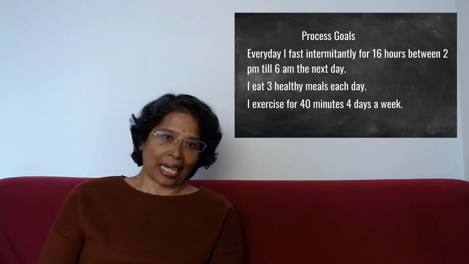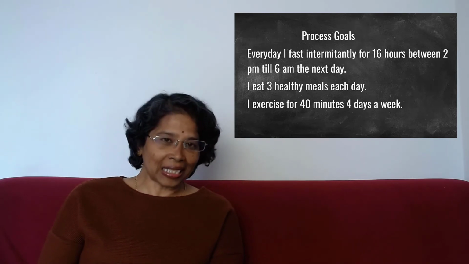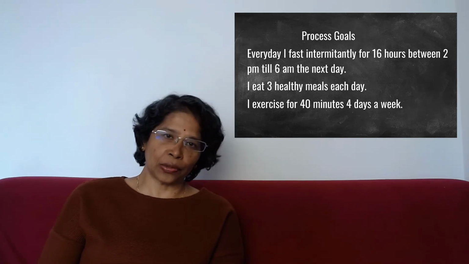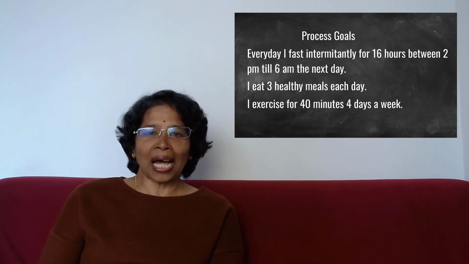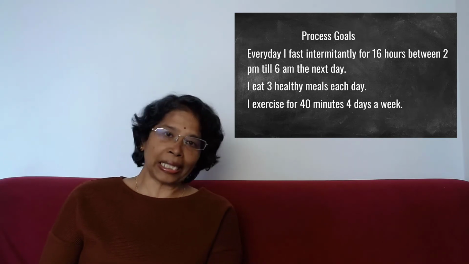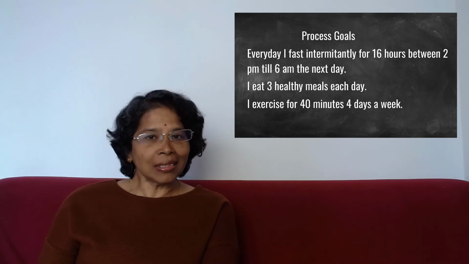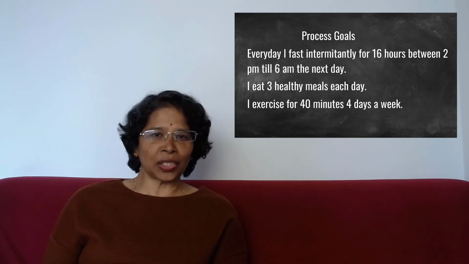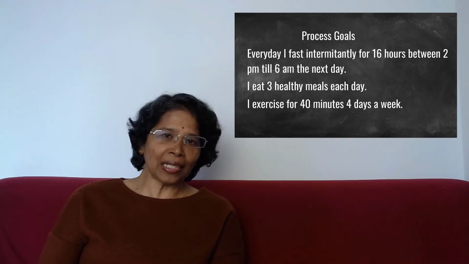More details can go into it, and this is why I had in my earlier video mentioned that when it comes to process goals and execution of process goals, it is important to have systems and routines, especially daily and weekly routines. So eat 3 healthy meals each day can come with a detailed schedule of what are the nutritional values of each meal.